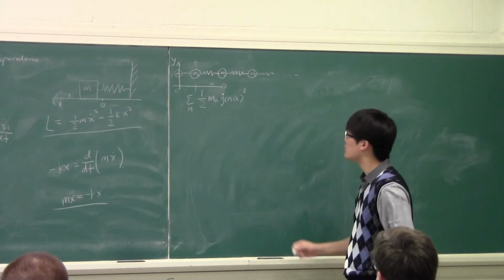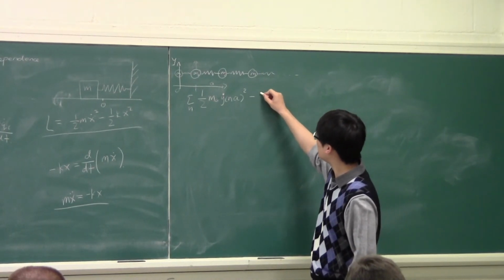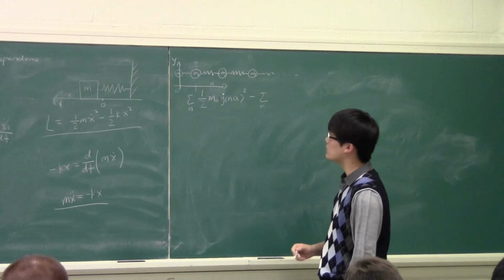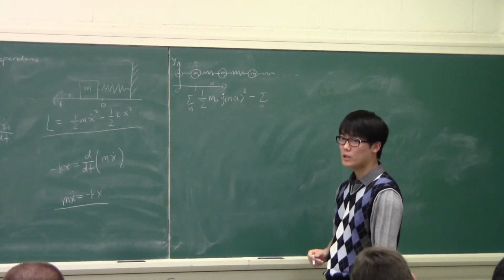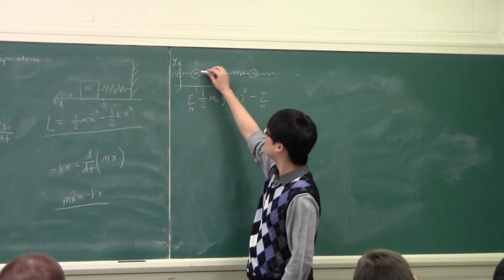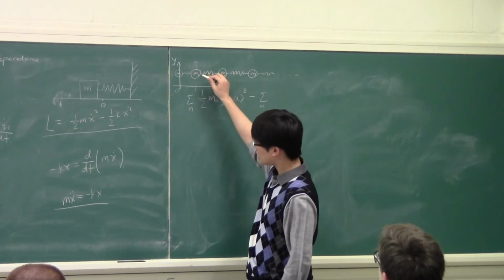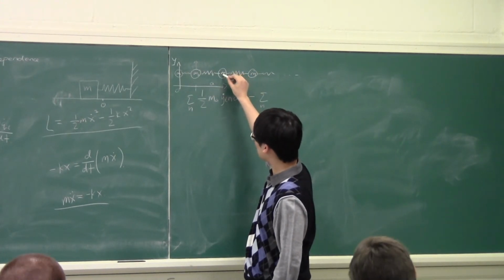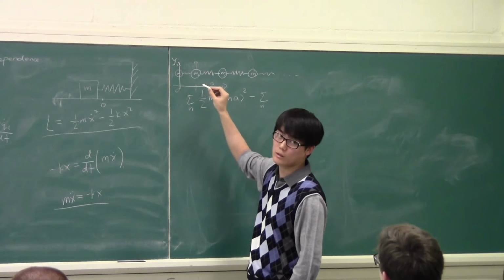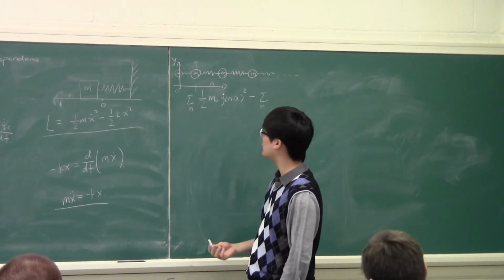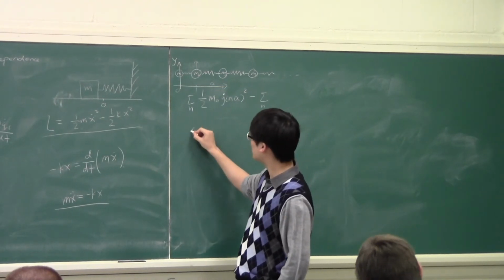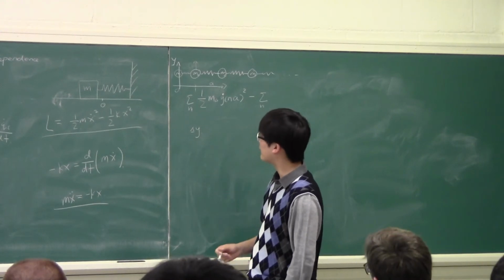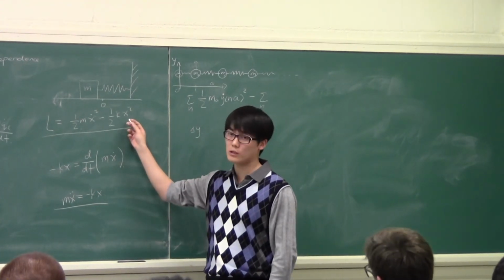Now the potential energy part requires a little bit more care. It's still going to be a summation over the atoms, but you see that this atom is only affected by its two nearest neighbors. We're going to use delta y as the coordinate for the harmonic oscillator.